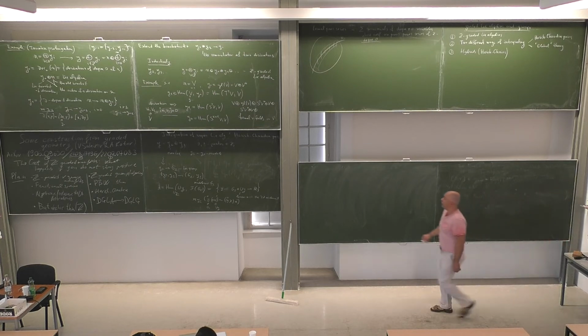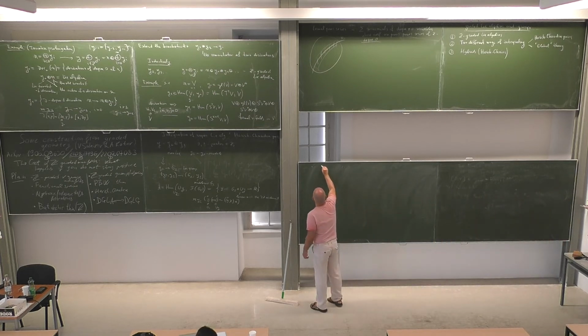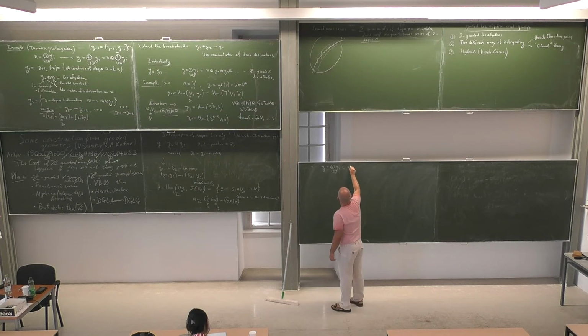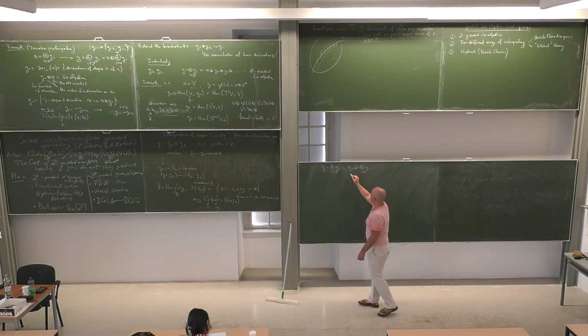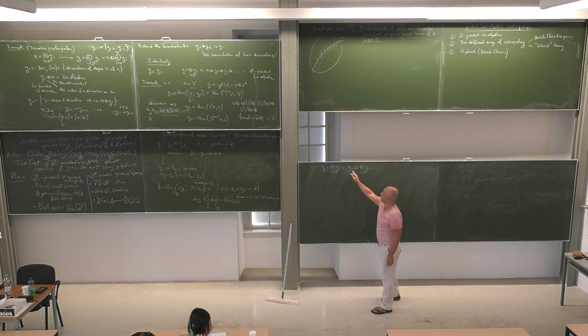Okay. Now, assume that we have a Z-graded Lie algebra. So G is the sum of Gi for i belonging to Z. We can write this as G0 plus the sum of Gi for i not equal to 0, right? And G0 is an even Lie algebra, or anyway, a Lie algebra concentrated in degree 0.